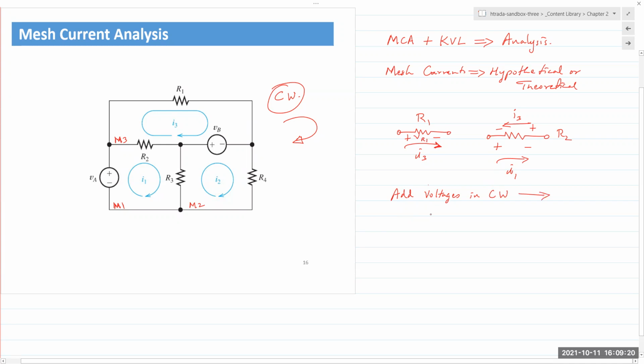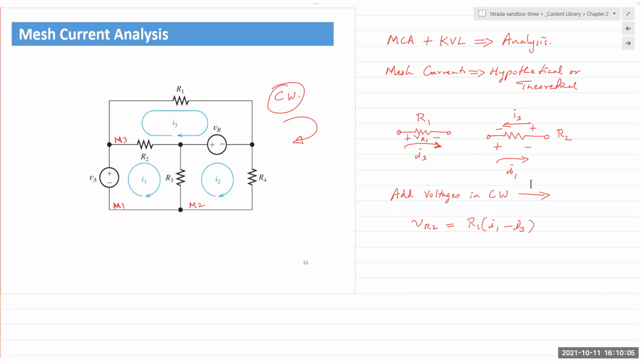So I would have VR2 as equal to R1 times I1 minus I3. Because again, remember, it's 2 mesh currents causing 1 single branch current, right?